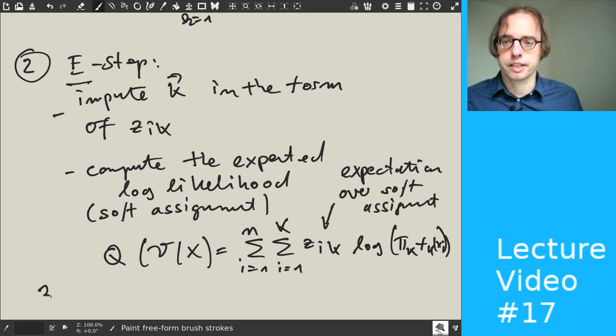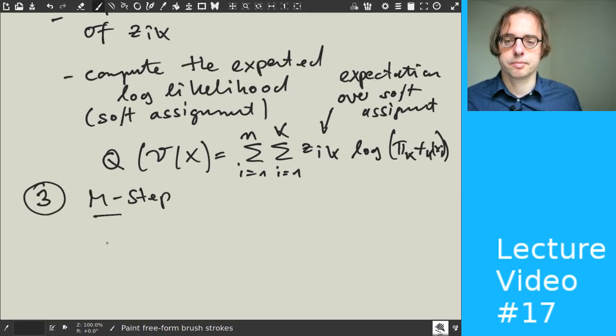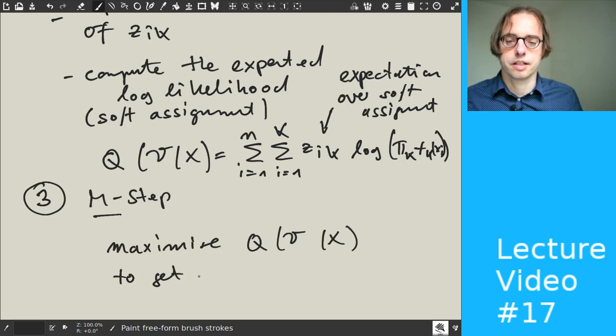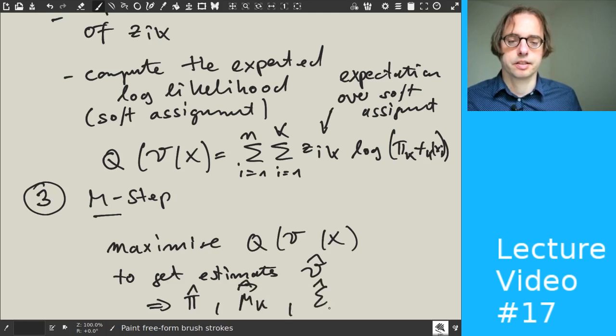And then we have the M step, which is for maximization, so maximize Q of theta given x to get estimates theta hat, and basically we get pi hat, we get mu k hat, and we get sigma hat.